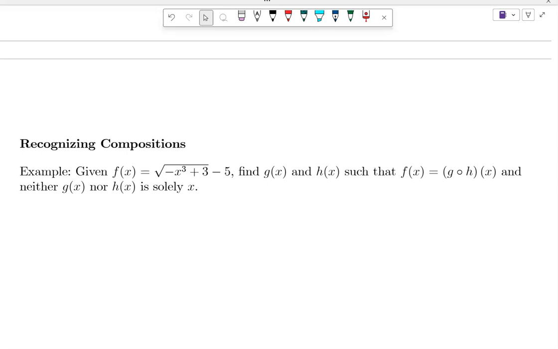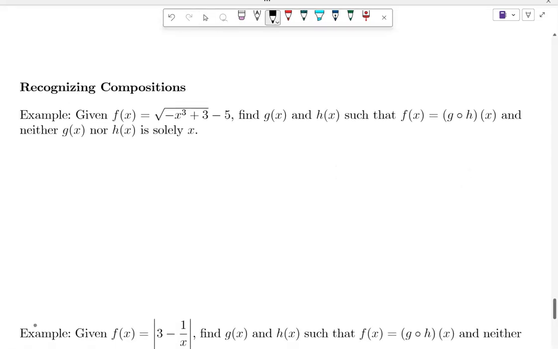So when we're asked to write this and break it into pieces, notice it says we want f of x equal to g of h of x, essentially, right? So if I think about what this looks like, this is g of h of x. If this is supposed to be the inside piece here, what do you think you would let your h of x equal?